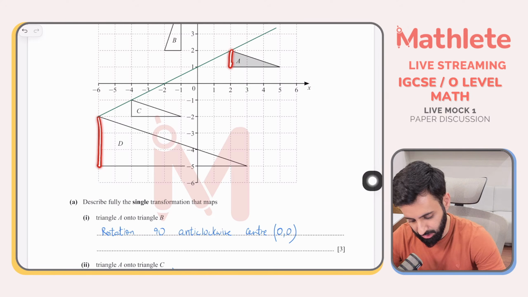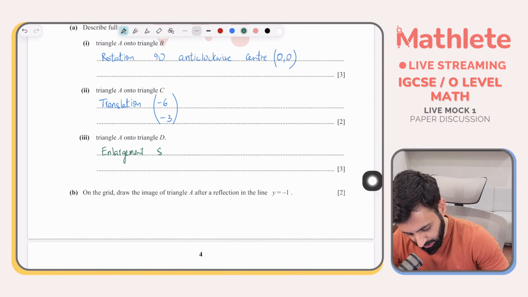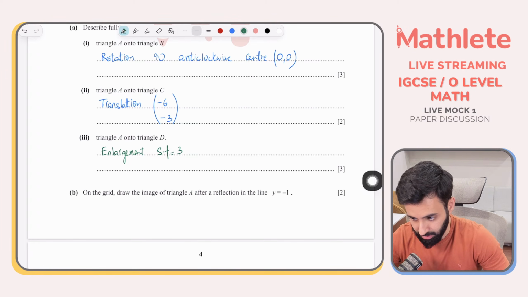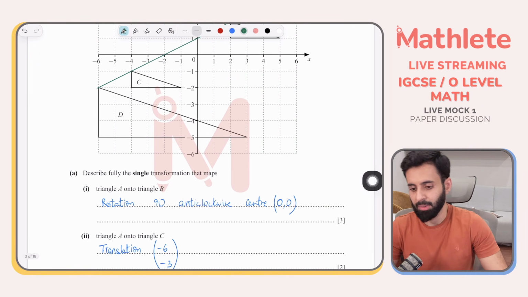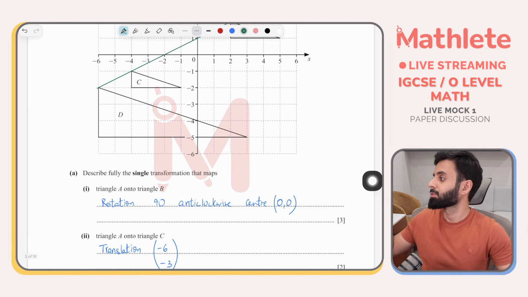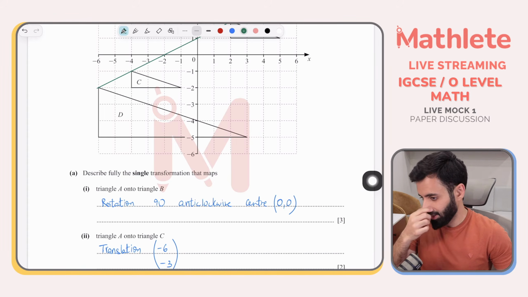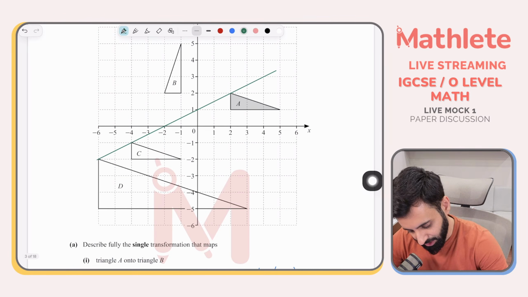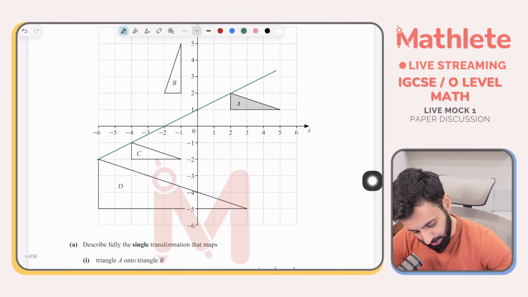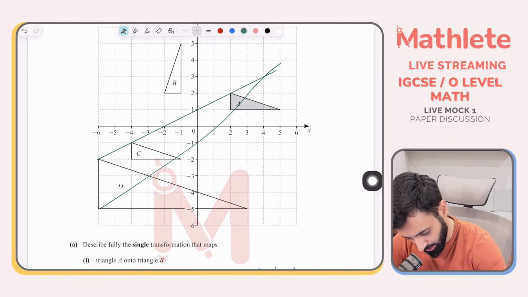So this is 3, this is 1. So enlargement with scale factor equals to 3. And now, yeah, you can write 270 degree clockwise, but at this point I say, don't you have enough problems in your life that why are you adding more? So scale factor is 3, and what about the center of enlargement?